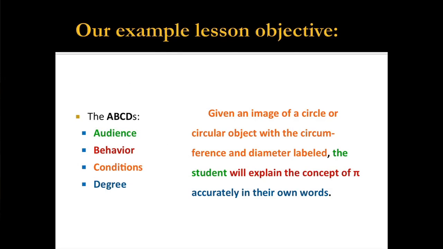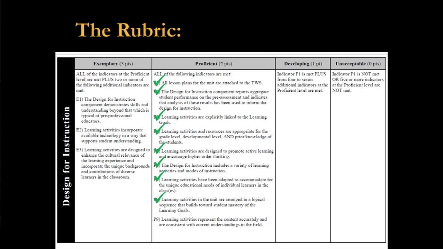Degree, accurately, and in their own words. That's that mastery bit. That's how I know they've done it. Okay? So the ABCD, that's your lesson objectives. You're not going to include all that detail in your learning goals, but when you get to your lesson plans, you want that there.